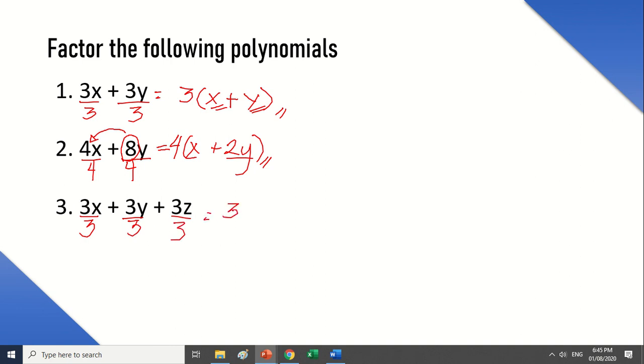So let's write 3. Then inside the parentheses, divide x, y, and z. So the answer is x plus y plus z. So meaning the common factor is 3, then inside the parentheses we have x plus y plus z. Then final answer.